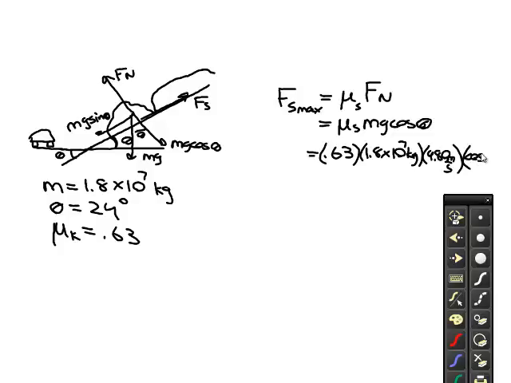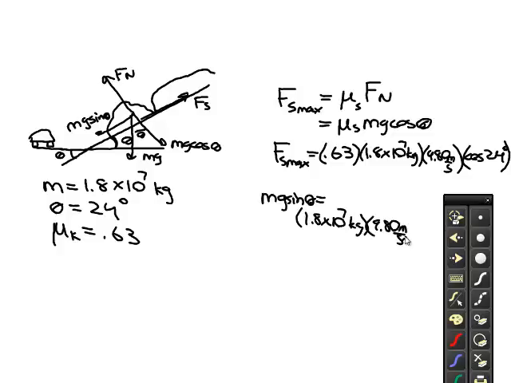Cosine of 24 degrees. Okay, maximum static friction. And then we compare that to mg sine theta, and see, is mg sine theta big enough?